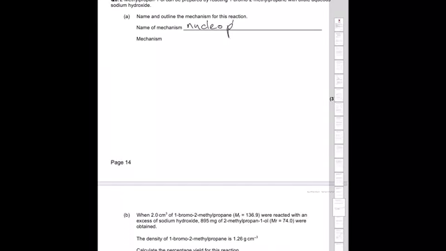Right, so what we've got here, nucleophilic substitution. It's going to be 1 mark. And then the mechanism, remember nucleophilic substitution is very, very simple.